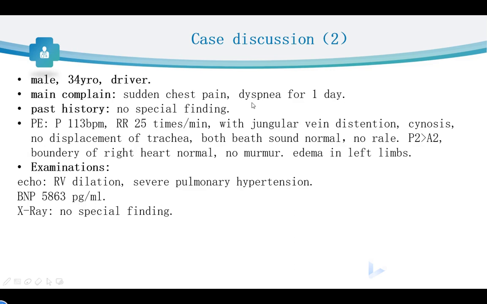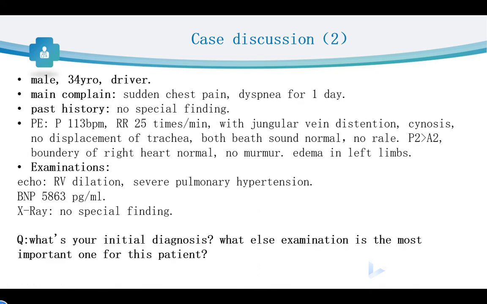Let's look at here, chest pain and dyspnea. This patient also has cyanosis and edema in just one limb. Edema in a single limb usually shows not a right heart failure, but a deep venous thrombus in the affected limb.